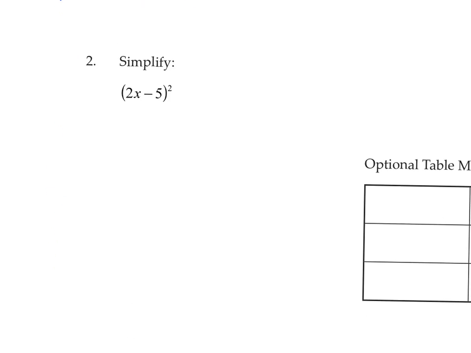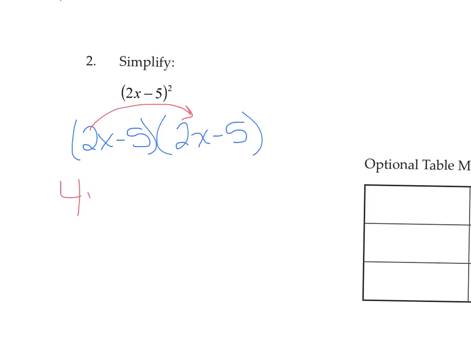All right, on number 2, we have the same situation, a binomial being squared. So we're just going to write that binomial twice, 2x minus 5 times 2x minus 5, and we're going to double distribute. 2x times 2x is 4x squared. 2x times negative 5 is negative 10x. Negative 5 times 2x, negative 10x.